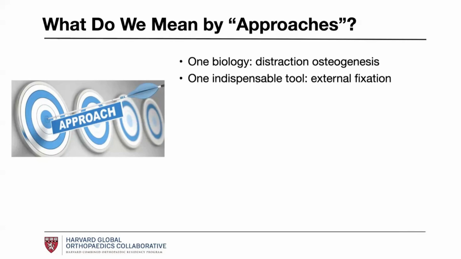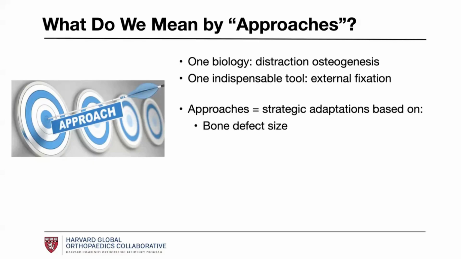We'll concentrate mostly on ring external fixation. However, as you all know, there are many different types of external fixation. But bringing these two concepts together, our biological tool of distraction osteogenesis and our mechanical tool of ring external fixation, can then lead us to many different approaches to solve this problem.